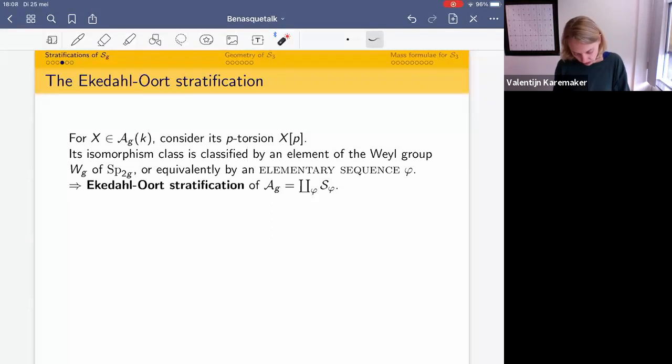For instance, it's classified by an element of the Weyl group, W_g, of the symplectic group Sp_2g, or equivalently, due to Oort, by what's called an elementary sequence. So this gives an Ekedahl-Oort stratification, which is indexed by these elementary sequences. And a bit confusingly, each stratum is usually called S_phi. A stratum consists of all the abelian varieties with isomorphic p-torsion.